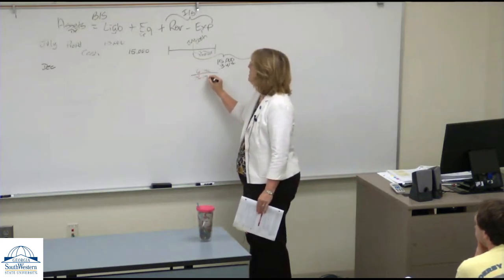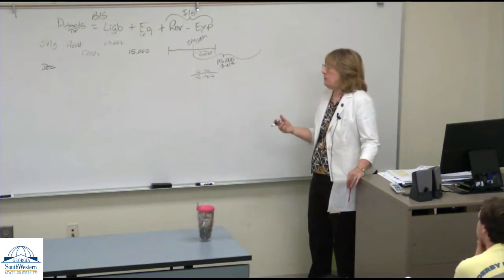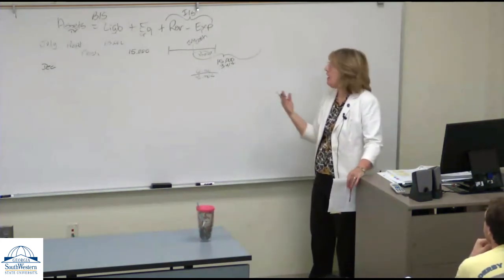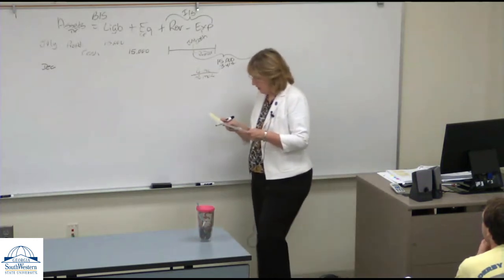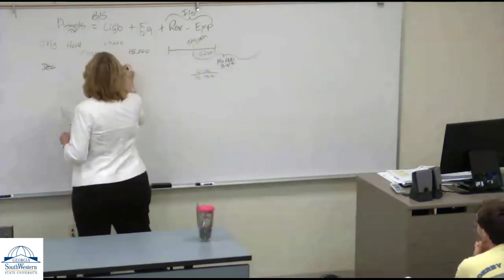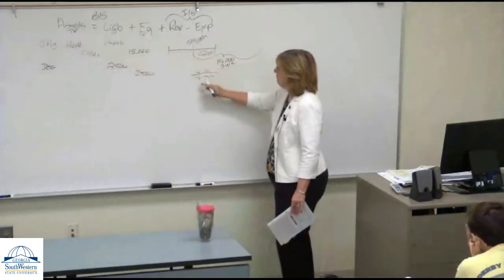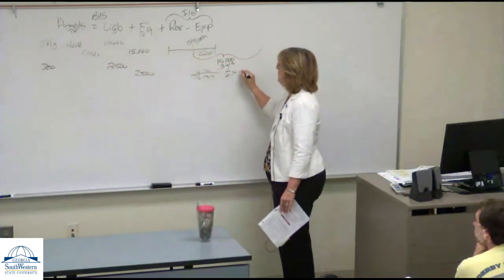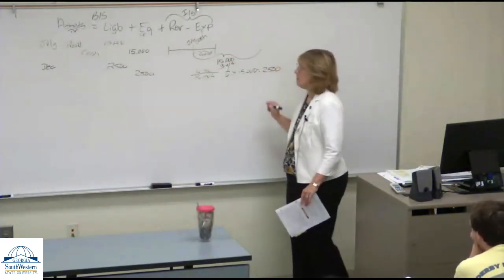Or, half a year out of 3 years, however you want to do that. We divide that all out, and it's 2,500 that has expired. 1/6 times 15,000 is 2,500.